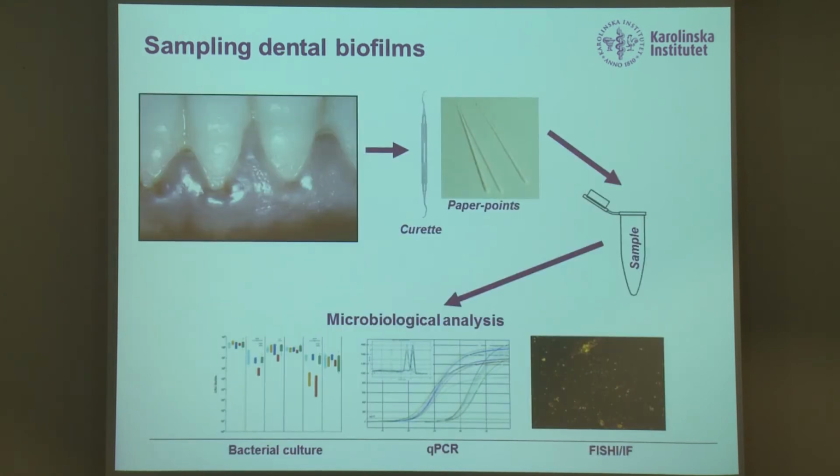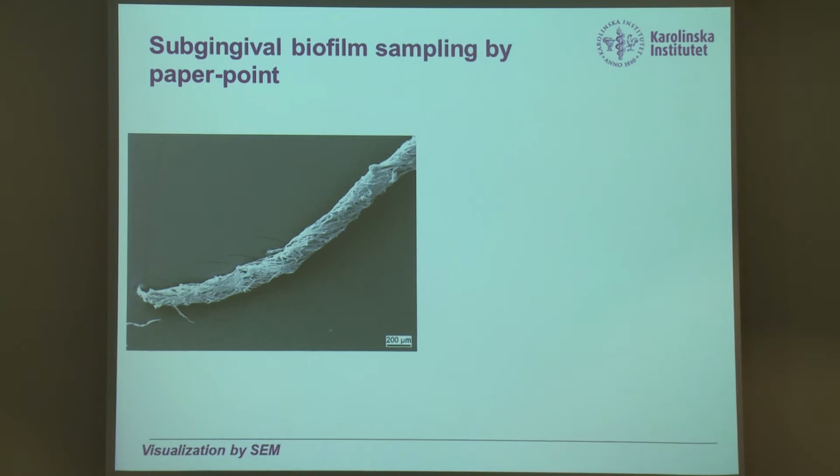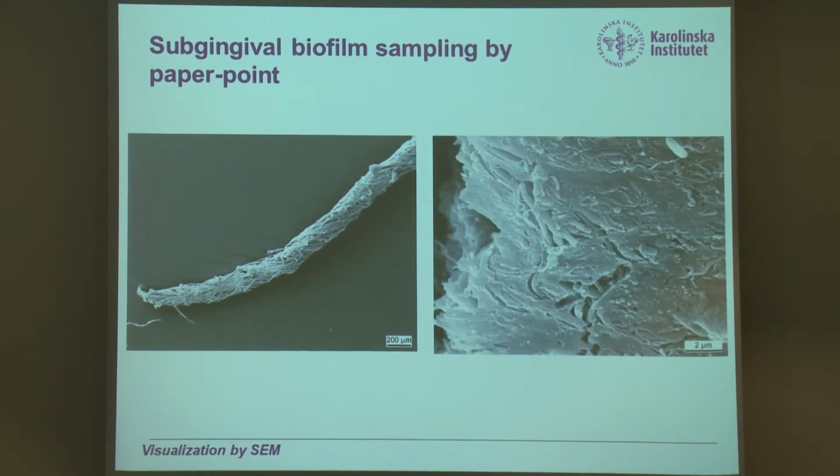This is a paper point, one of those ones, under a scanning electron microscope, which has been used to collect a sample. You can actually see the fibers of the paper and in between the crevices. And when we take a closer look in the magnification here, you can actually see a whole lot of different microorganisms trapped within these crevices.